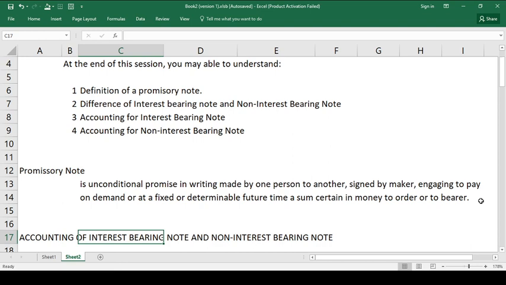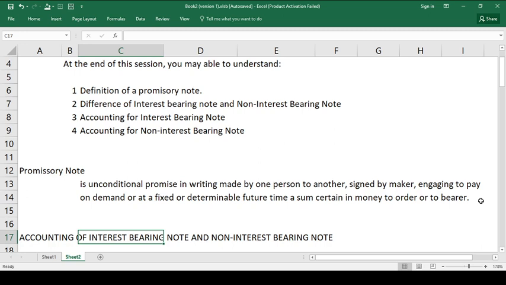For example, if your parents cannot pay your dues in the academe, sometimes they may issue a promissory note, a promise to pay the tuition or the dues. That is a promissory note.